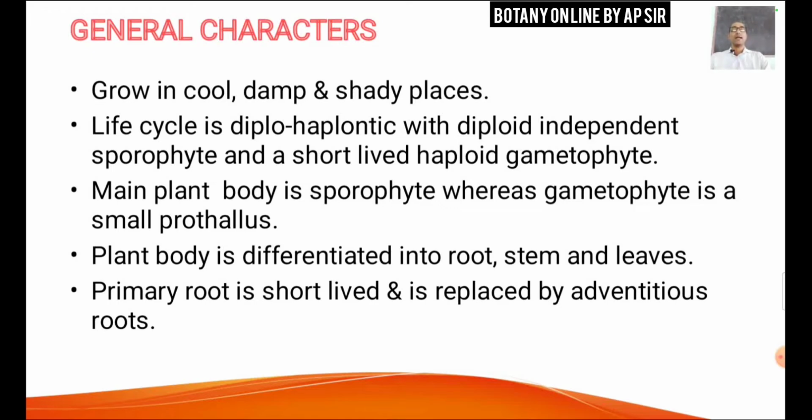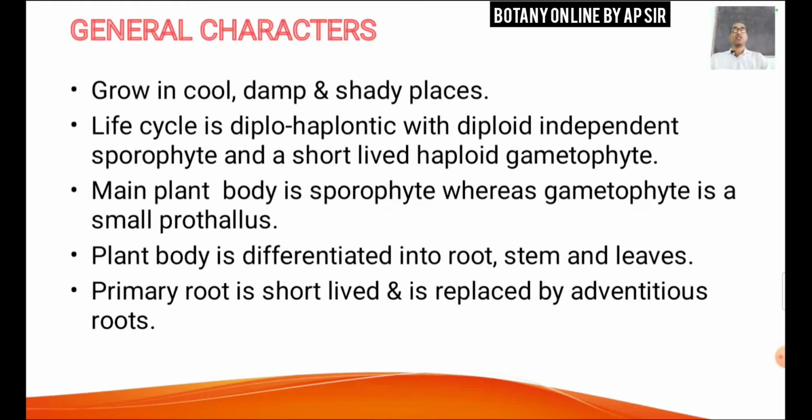Whereas the gametophyte, that represents the haploid phase of its life cycle, is represented by a small prothallus. Okay, and it is totally dependent on the sporophyte. Got it? But as far as bryophytes were concerned, there the plant body was a gametophyte and it was dominant and long-lived. Whereas the sporophyte was dependent on the gametophyte and it was short-lived.